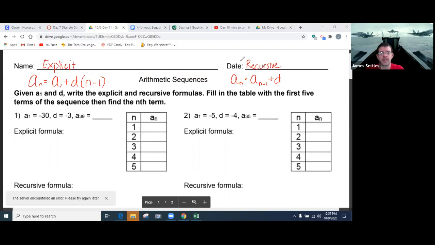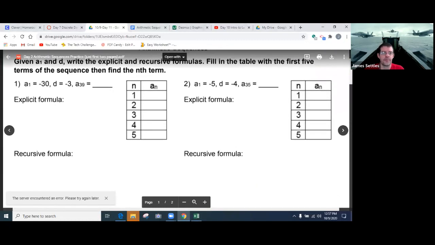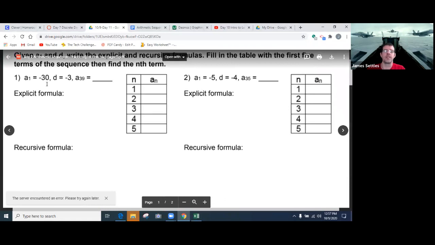All right, I'm going to clear this. All right, question 1. So today they're giving us the A1, which is the very first number, and they're giving us the difference. Okay, so I believe this is what they gave us yesterday, and all we're going to do is start by creating the explicit formula. So this is what we did yesterday.